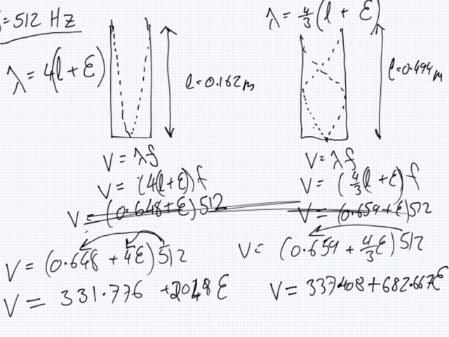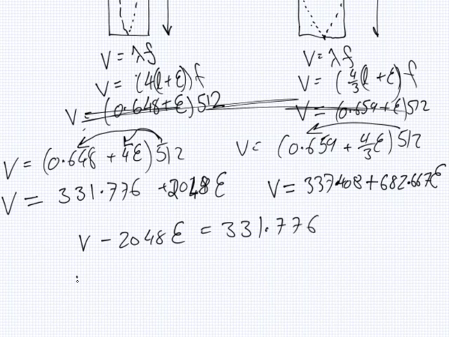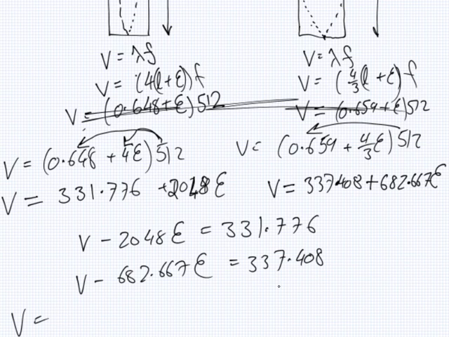Okay, so now we have a simultaneous equation. We have V minus 2048E equals 331.776, and V minus 682.667E equals 337.408. Now we can get the V and the E.